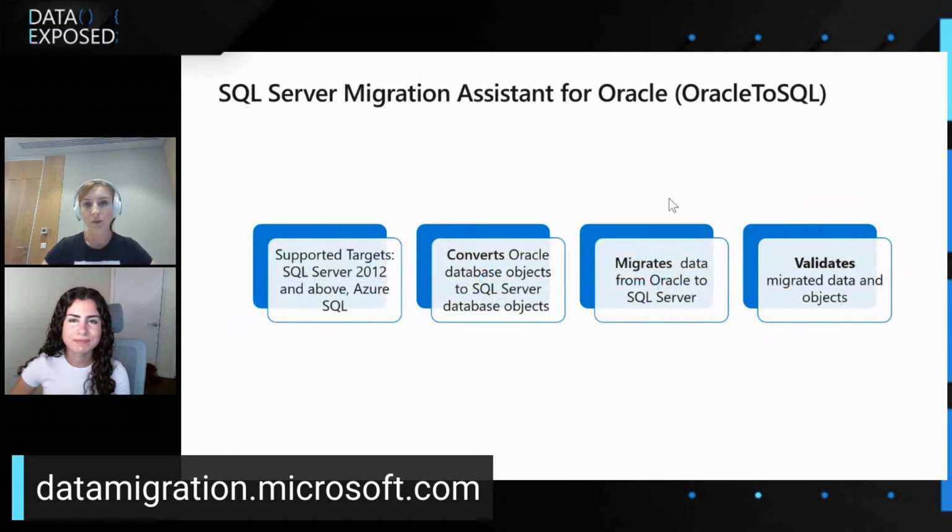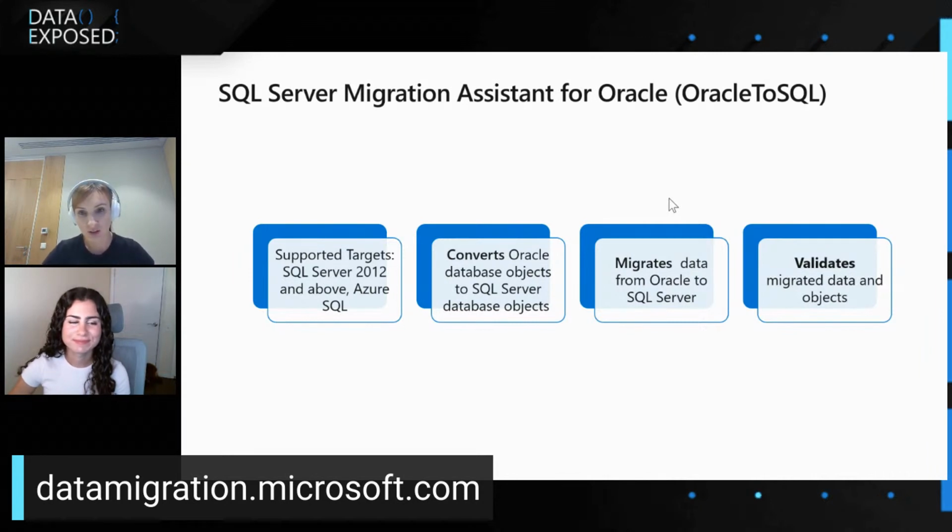Cool. So SQL Server Migration Assistant for Oracle, I already told you a little bit about it. So what do I want to add? The targets: SQL Server 2012 and above, and all Azure SQL flavors. I'm not going to spend a lot of time on this slide because I want to jump to the demos.